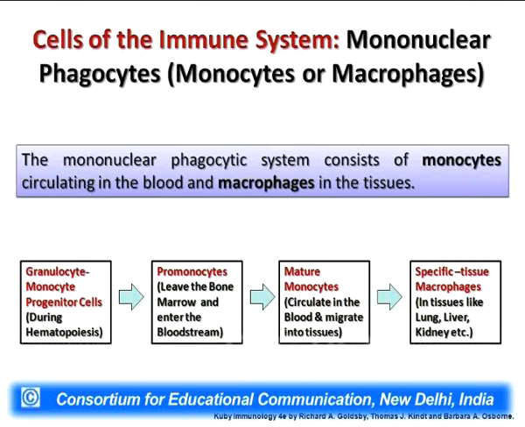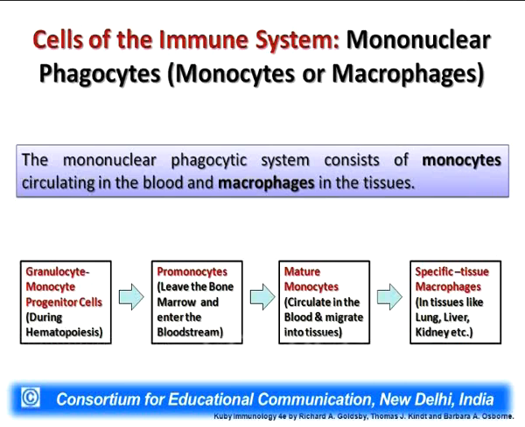Granulocyte-monocyte progenitor cells, which are formed during hematopoiesis, form promonocytes when they leave the bone marrow. Subsequently, as they enter the bloodstream, they mature to form monocytes.